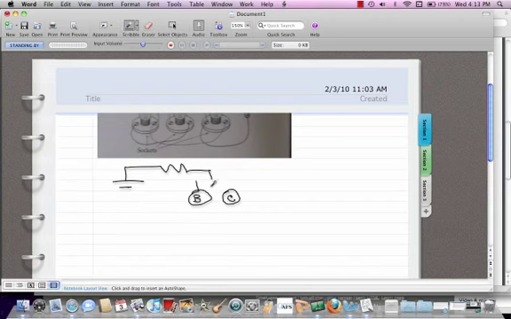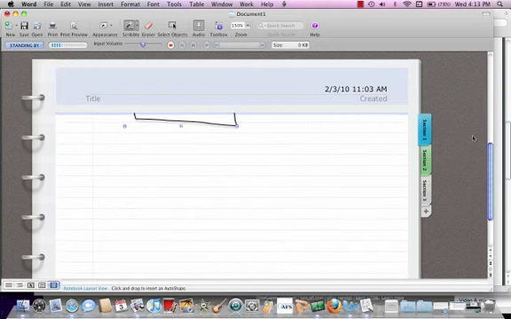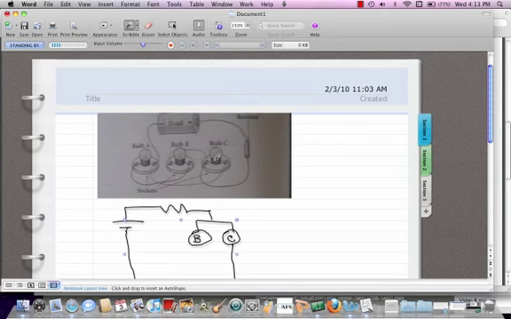Okay, so I have a connection here from the output of C all the way back to the negative side of the battery. And we can see that here, we go out of C and all the way back, if we follow right back to the negative side of the battery right here.